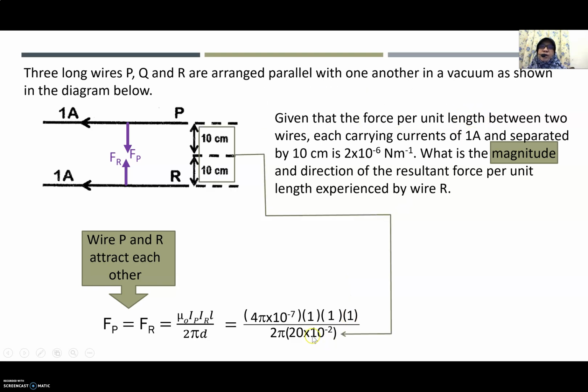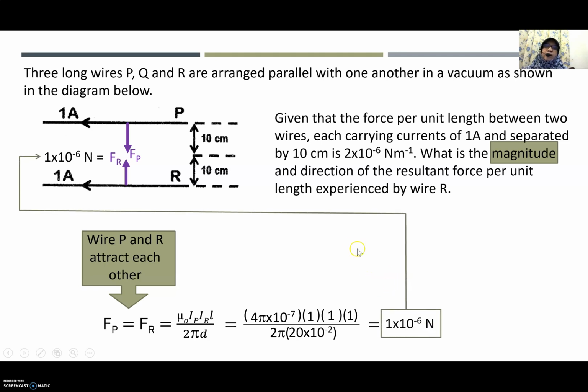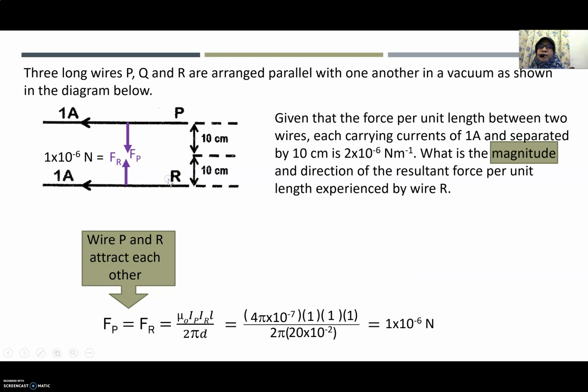The distance between wire P and R is 10 plus 10, which is 20 centimeter, convert to meter. So the answer is 1 times 10 to the power of negative 6 Newton. Okay, now we've done the force on wire R by the pair of wires P and R.